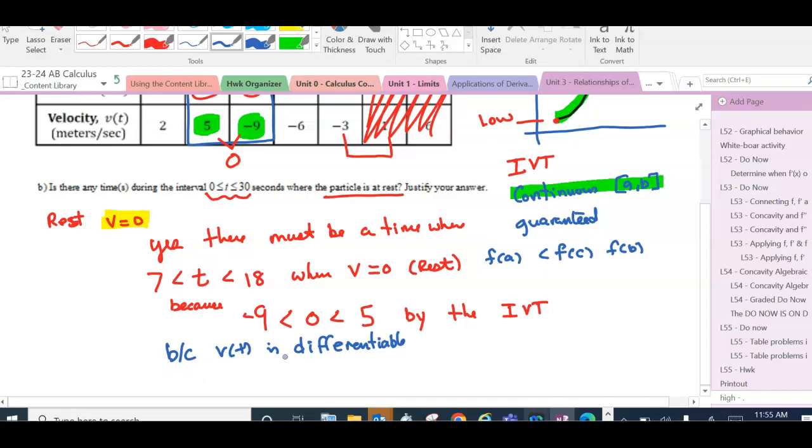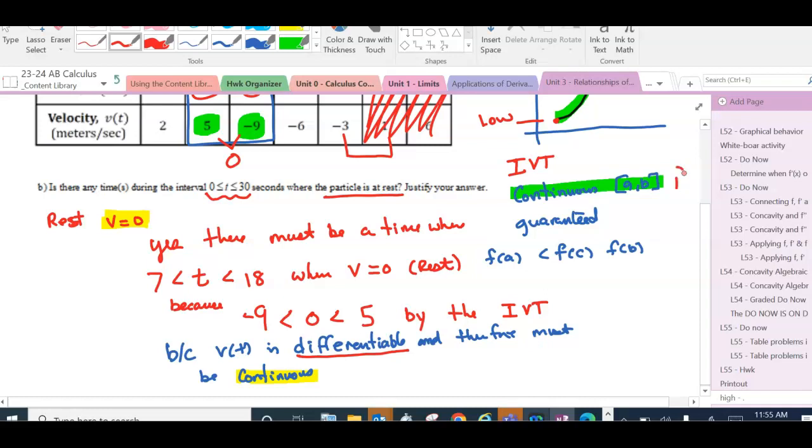But we can say because v of t is differentiable, it therefore must be continuous. So we had to state it's continuous, but since they didn't tell us, we have to say, hey, if something's differentiable, it's also continuous.